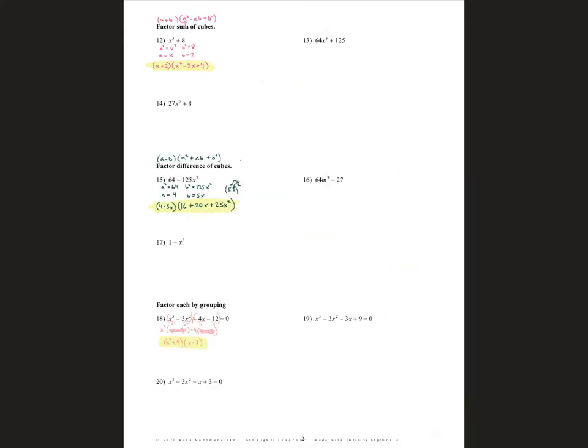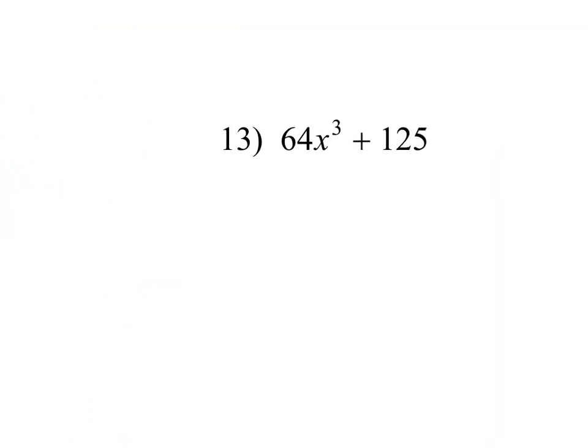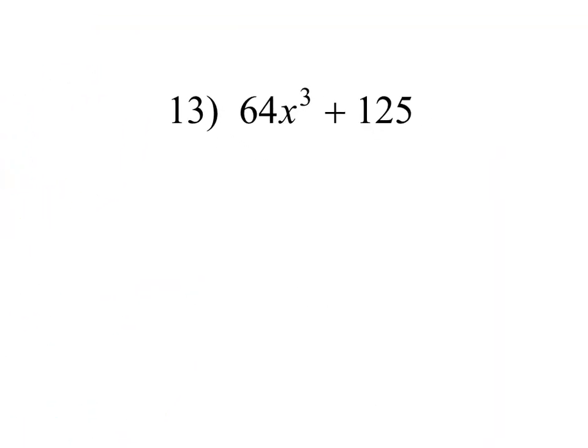All right, next page. Number 13, we have to factor with the sum of cubes. So we need to find what our a is and what our b is, and then just plug it into the formula. So if a cubed is equal to 64x cubed, what is a equal to? 4 what?